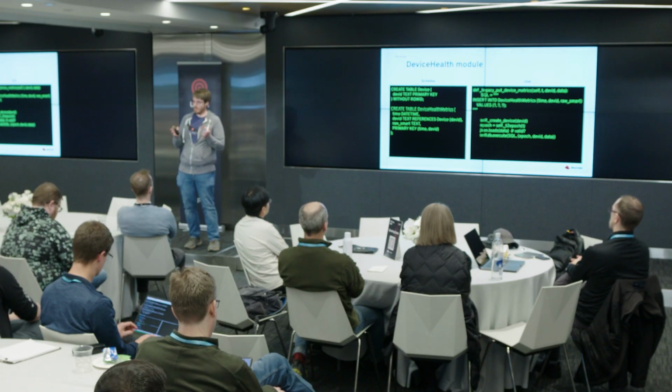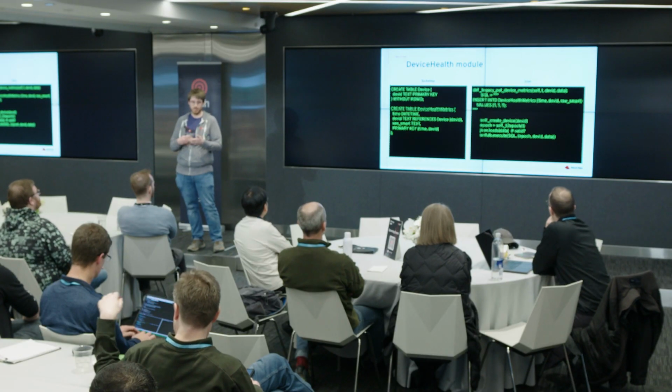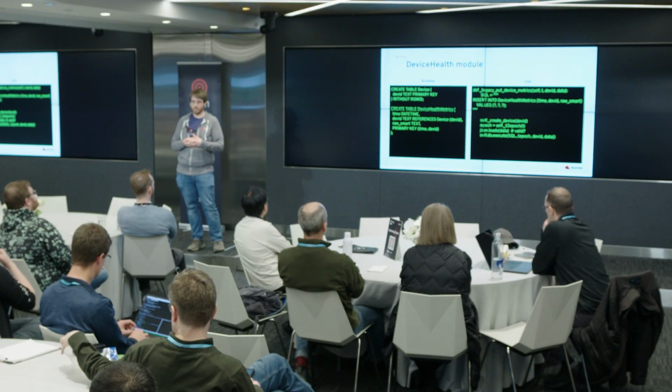And this is an actual snippet of real code from the manager module. I just took out a few keywords for horizontal space, but otherwise this is basically exactly the code. If I'm putting device metrics into the device health metrics table, I am going to first create the device ID if it doesn't already exist, create an epoch associated with the timestamp, and then the third step, json.load, is where I'm loading the data dump to make sure it's valid.